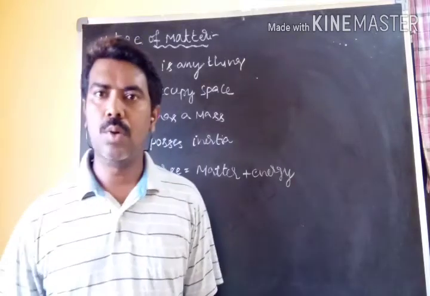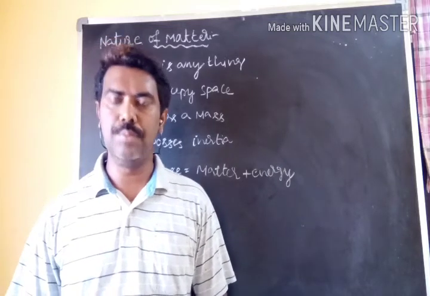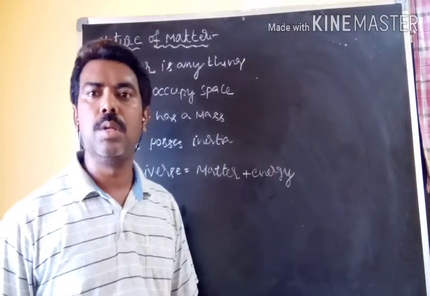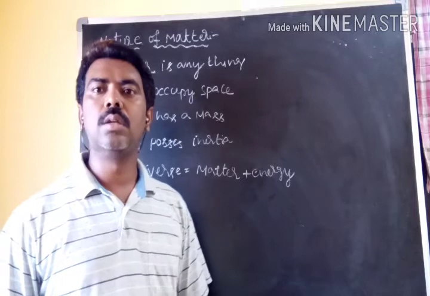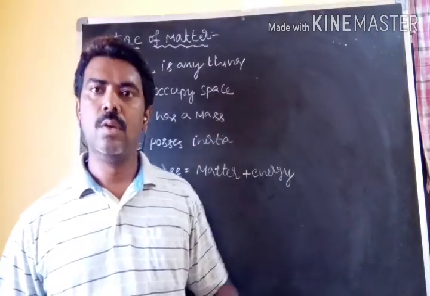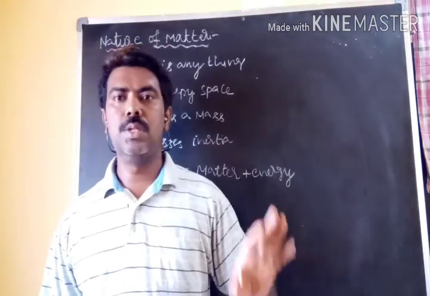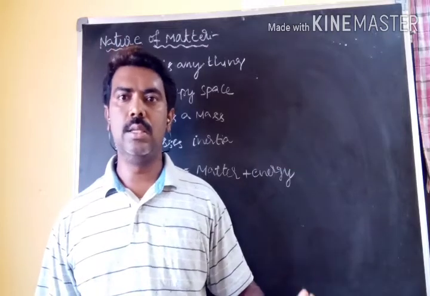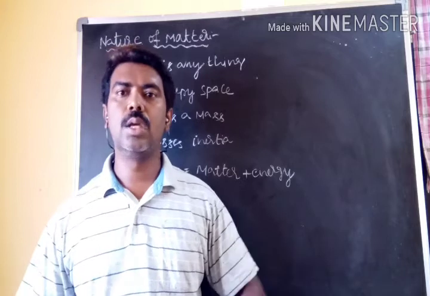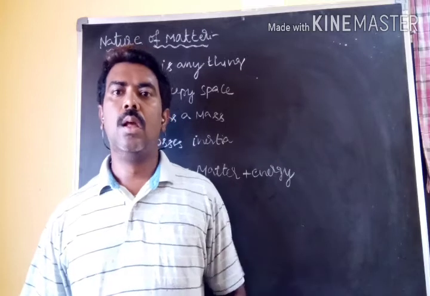Next, the properties of matter are of two types: physical properties and chemical properties. Physical properties are nothing but external appearance. For example, when you look at any person, what properties do we observe? How much height, how much weight, how much width, what is the color, and what is the length of the hair.